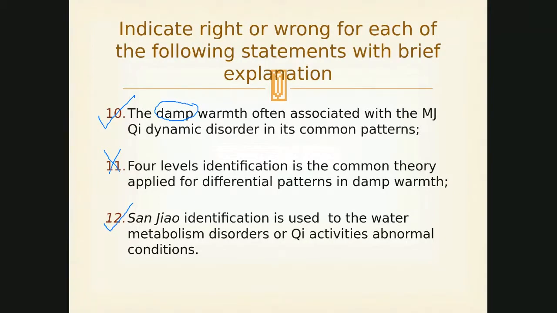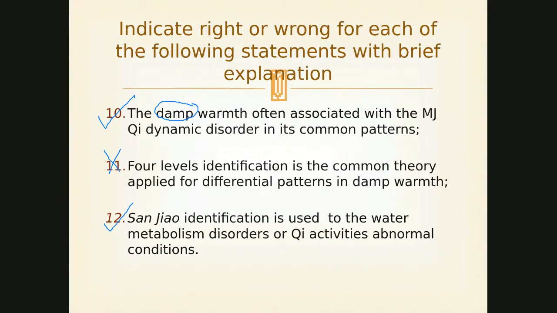If these conditions happen in the upper jiao, it is qi obstruction. Water accumulation happens in the middle jiao, with qi disorder where the stomach's qi is not able to descend and the spleen's qi is not able to ascend, causing regurgitation, loose stools, or bloating of the stomach. If it's happening in the lower jiao, it relates to difficult urination and water fluid retention in the limbs, which is lower jiao dysfunction.